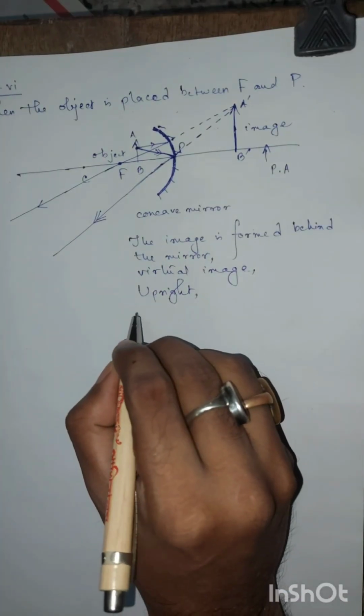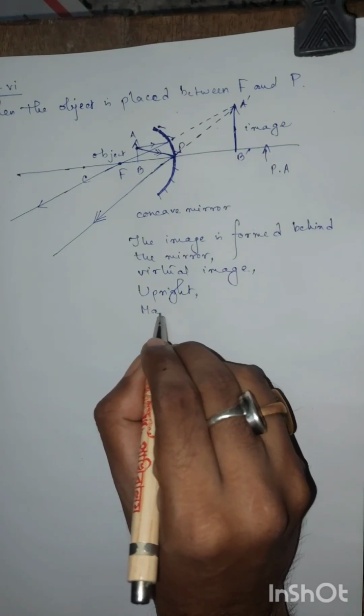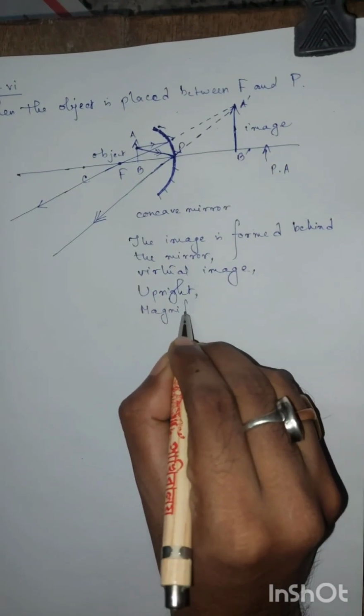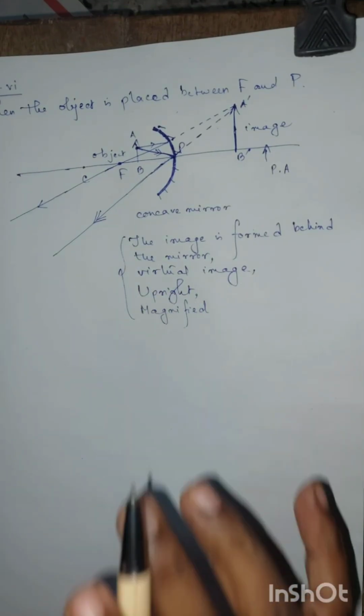And the image is magnified with respect to the object. So these are the properties of the image.